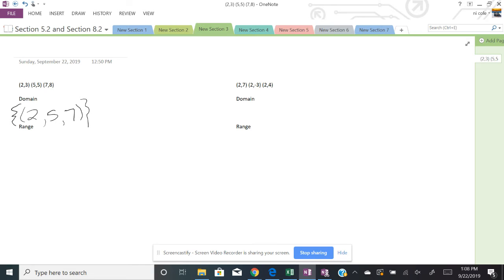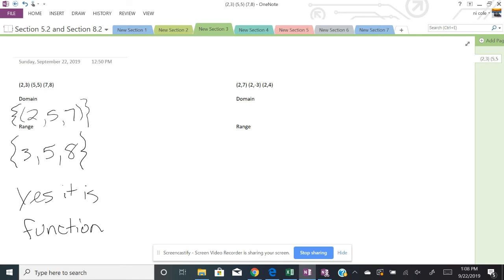Okay, so that is your domain. Your range is 3, 5, and 8. Those are your y values. And the other thing it's going to ask: is this a function? And yes, it is a function.